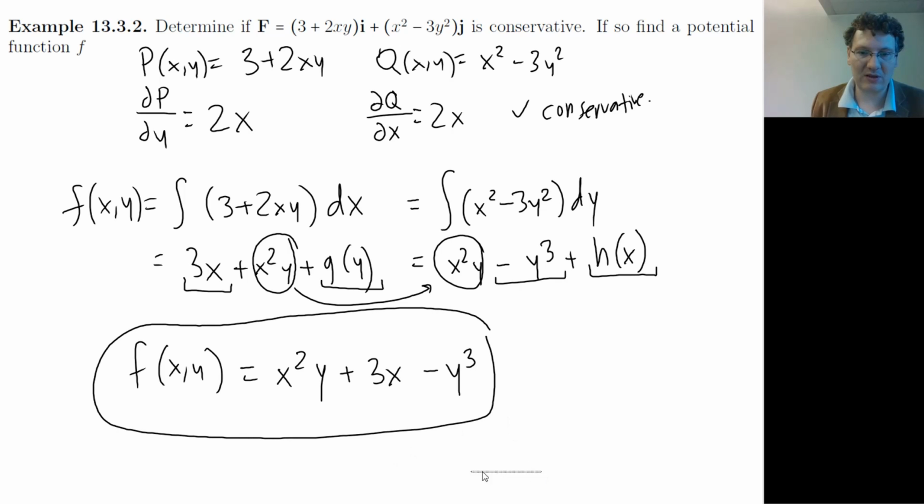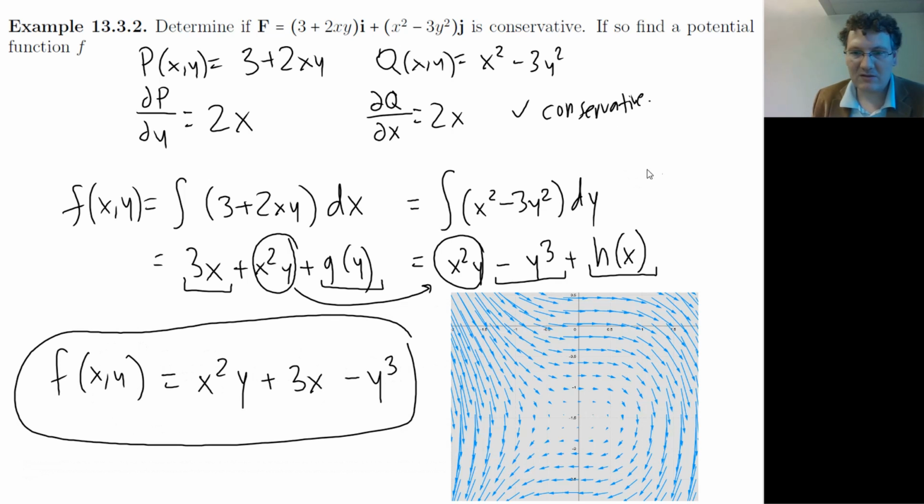Now let's take a quick look at what this vector field looks like and see what a conservative vector field looks like. You can see for this vector field, you don't have any eddies or spirals. And it turns out it can represent the gradient for some landscape. So if you're starting at one point and going over to this point here, it kind of doesn't matter in which direction we go.